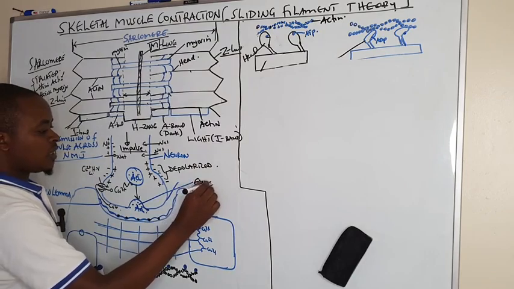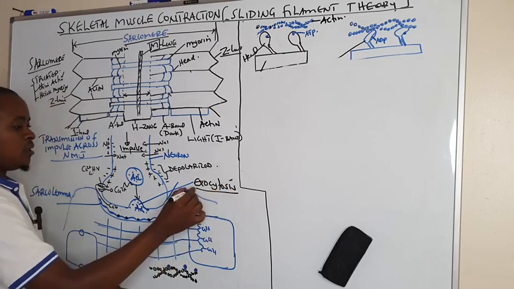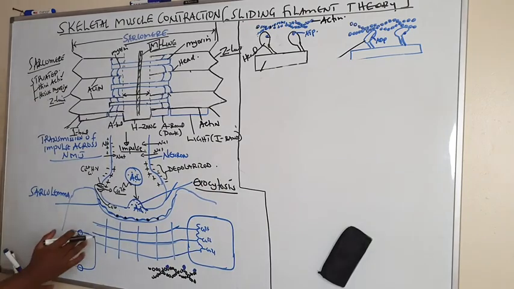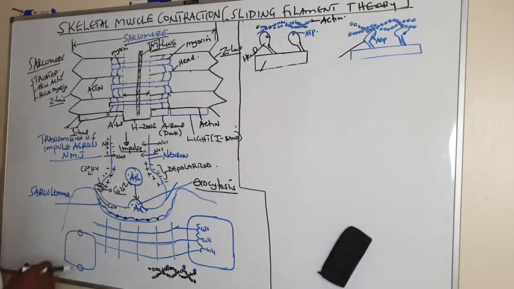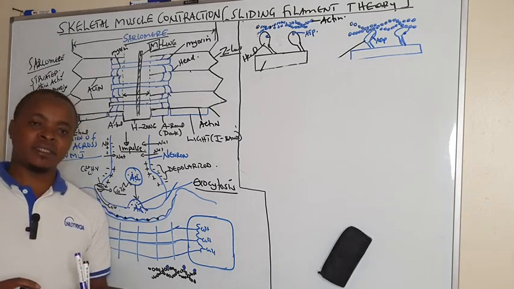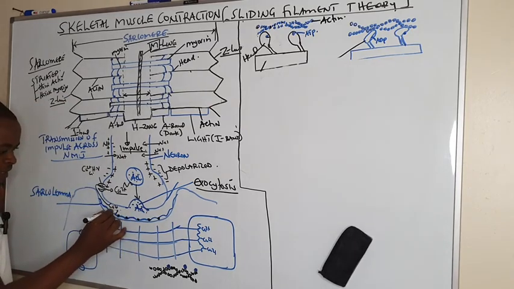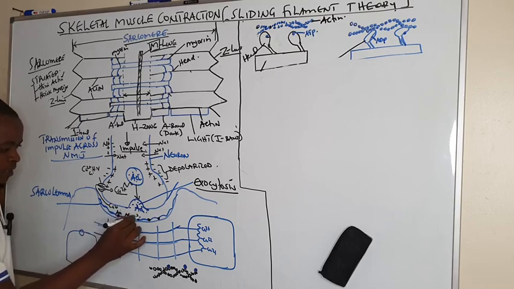So the neurotransmitters are released by exocytosis in the presence of calcium, which causes contractions, causing the vesicle to fuse with the membrane, hence releasing the neurotransmitter. And after releasing, the acetylcholine comes and attaches to its receptors on the sarcomere.